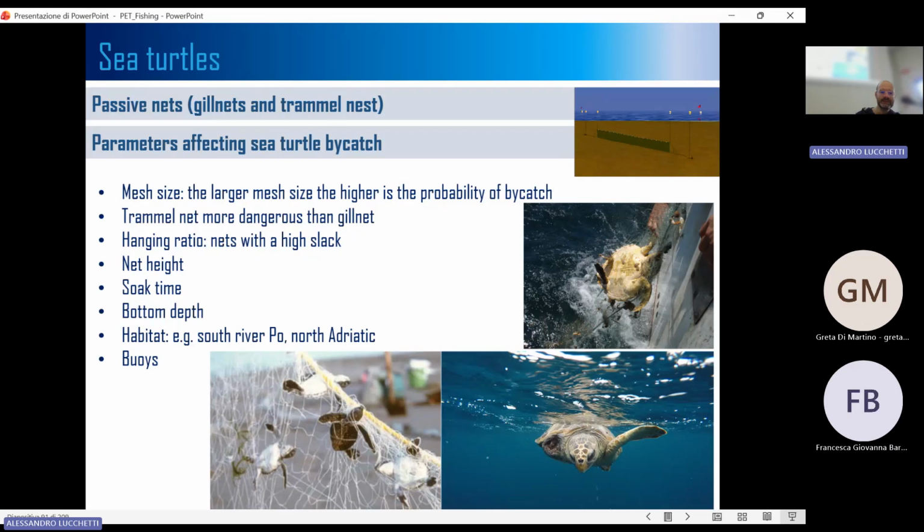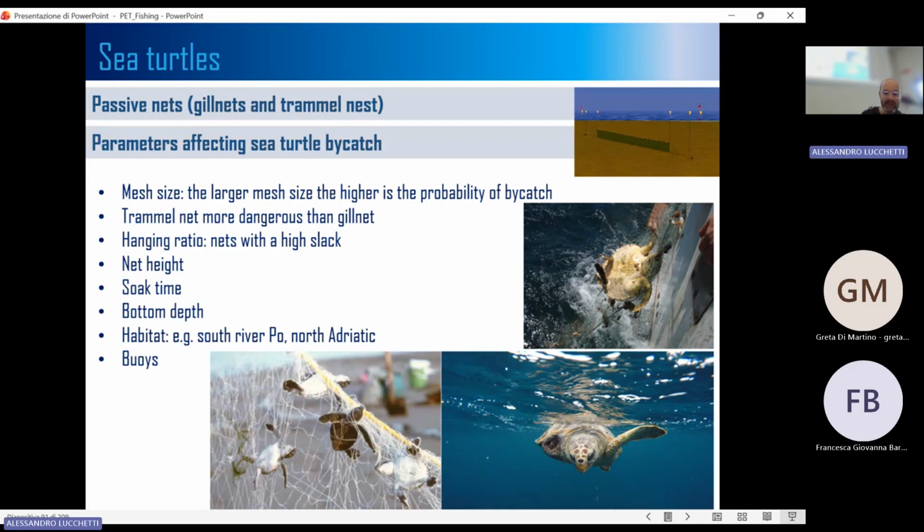Other parameters that affect sea turtle mortality in passive nets are related to the fishing gear parameters. In this case, if you use passive nets close to, let's say, a nesting beach, you should avoid using very small meshes because the possibility of entanglement for the small turtles is really high.